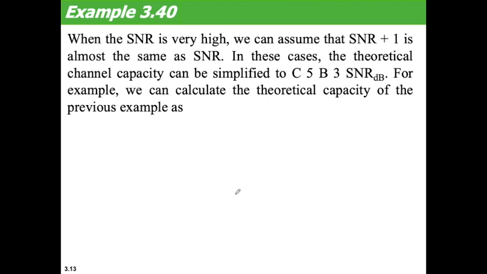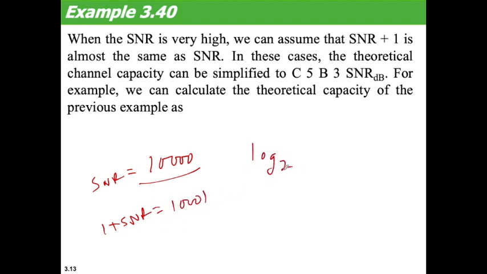So when the signal to noise ratio is very high, we can actually assume that SNR plus 1 is almost the same as SNR. Let's say your signal to noise ratio is 10,000, for example. In that case, SNR is 10,000 and 1 plus SNR will be 10,001. So if you take the log of this value and the log of that value, those values will be really close.